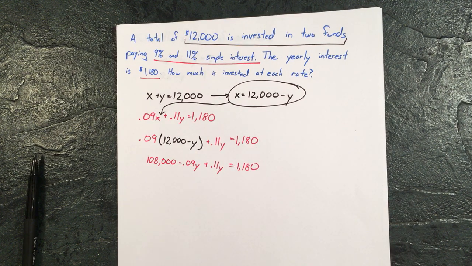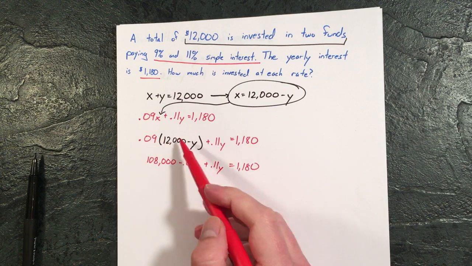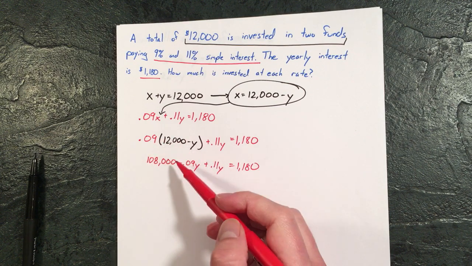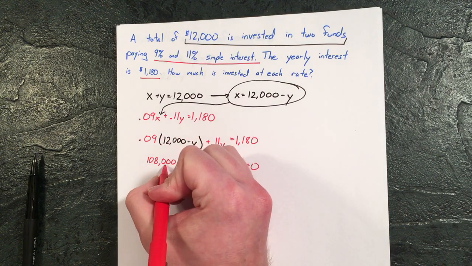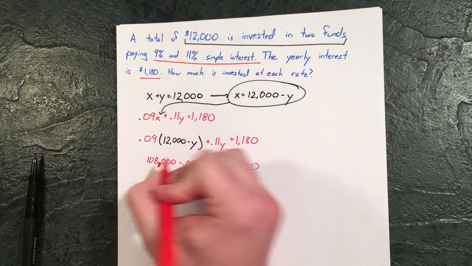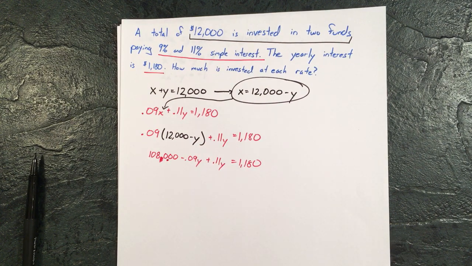However, I think I did this just multiplying it by 9, so I do have to remember to move my decimal points 2 more. So it's actually coming to here. Let's get rid of that. So really that's 1,080 minus 0.09y plus 0.11y. Okay, let's combine some terms here.